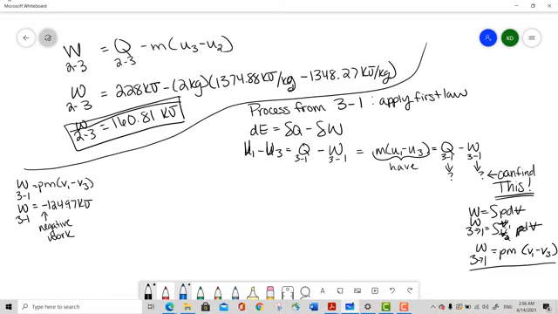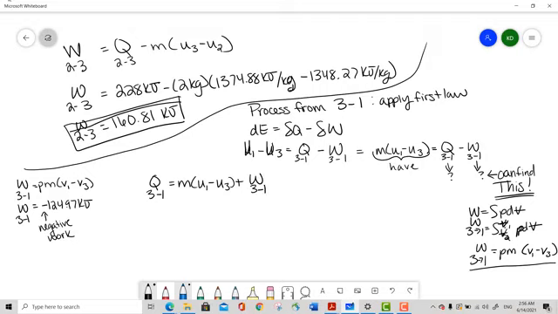So then let's go now to this formula right here that we've got. And let's isolate heat transfer, because now we have work 3 to 1, so we can plug this in. So we've got Q 3 to 1 equals m times U1 minus U3 plus W 3 to 1.